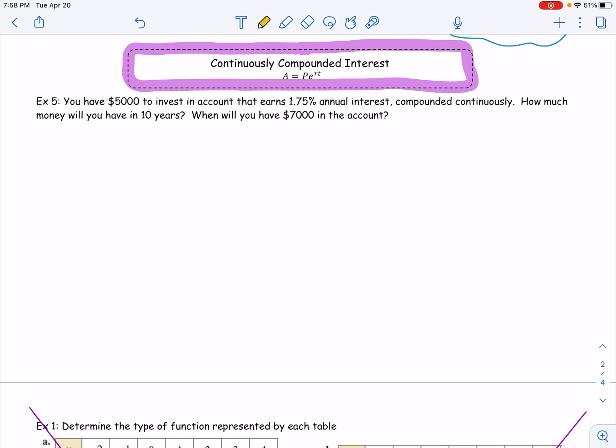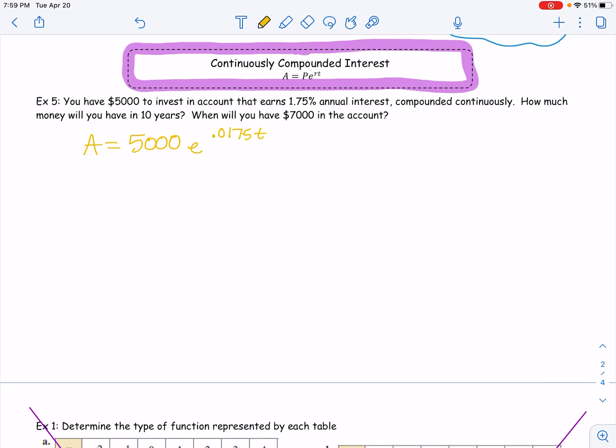A, the amount over time, is equal to P, the principal, the initial amount, times e raised to the annual percentage rate times t, the amount of time. So we have A equals 5,000 times e to the 0.0175t. This is our model.